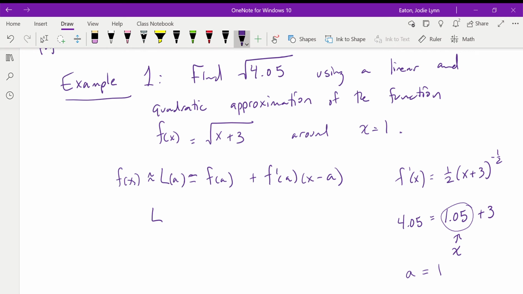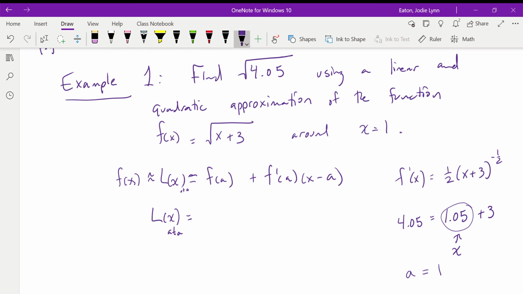Our linearization at x is going to be equal to, at a, sorry, I wasn't super precise with that. That should be linearization of x at a, okay, is going to be equal to f of a plus f prime of a times x minus a. So we are using a linear approximation around a.